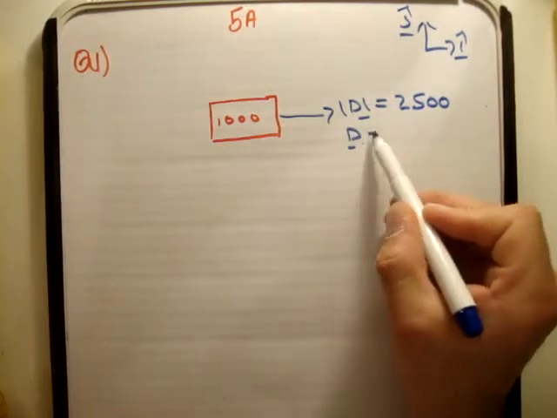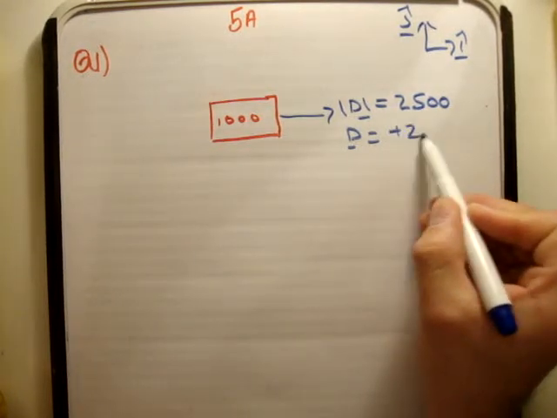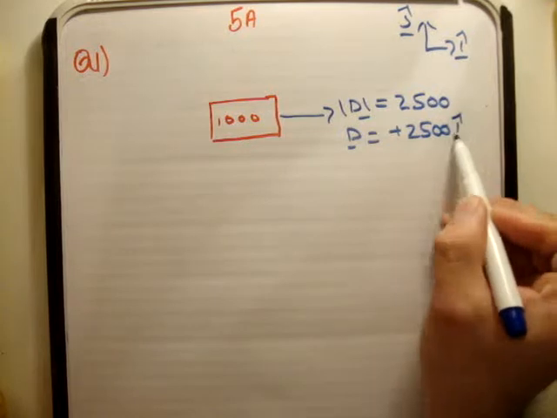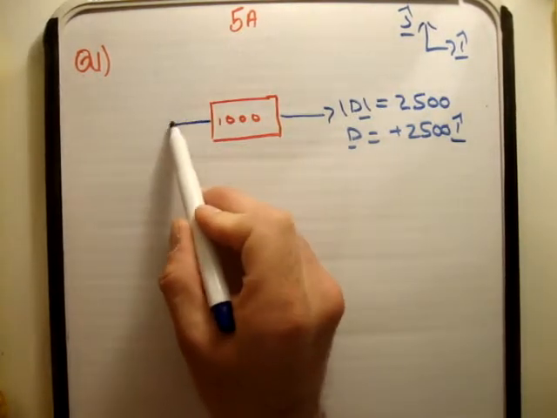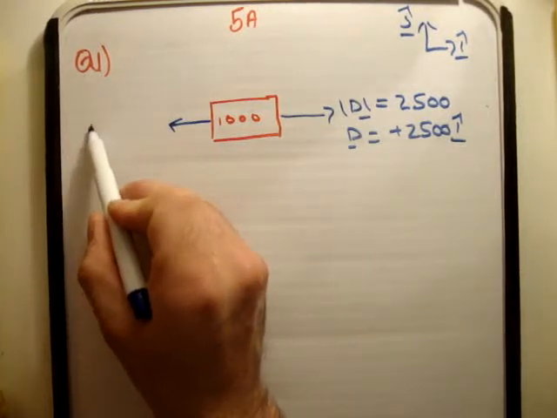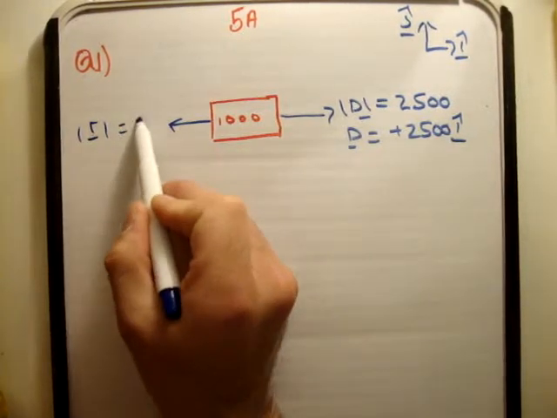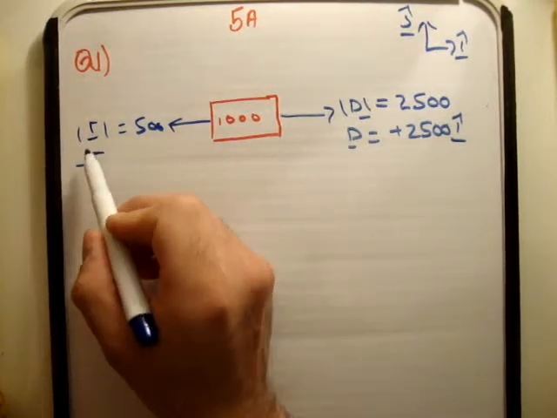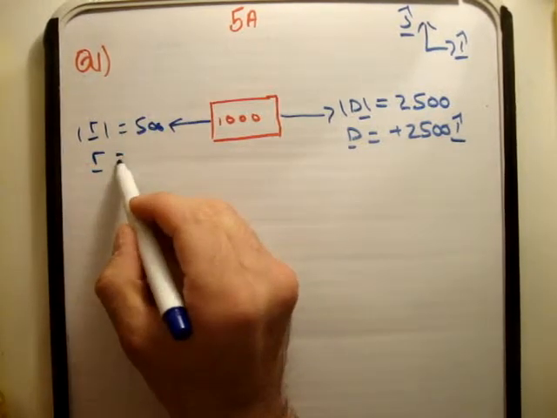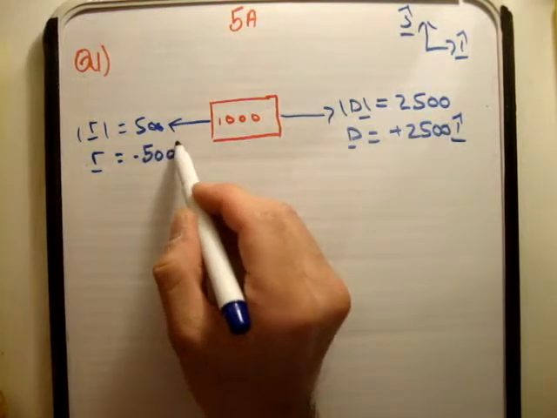Therefore the D vector is equal to positive 2500 i hat. Next we have a resistive force, and I'm going to call it R. So the magnitude of R is equal to 500 units, and its vector R is equal to negative 500 i hat.